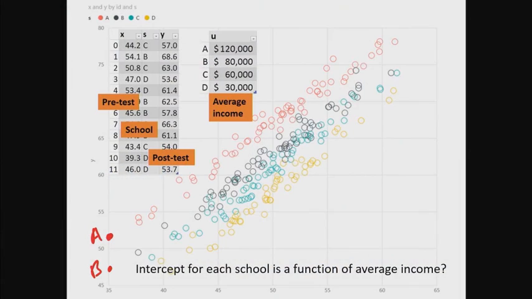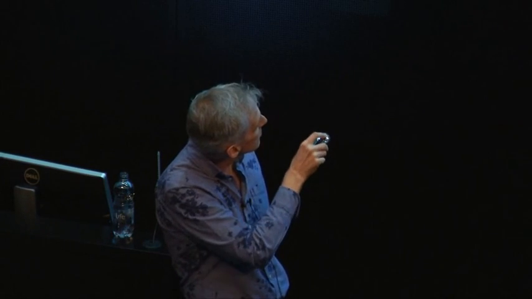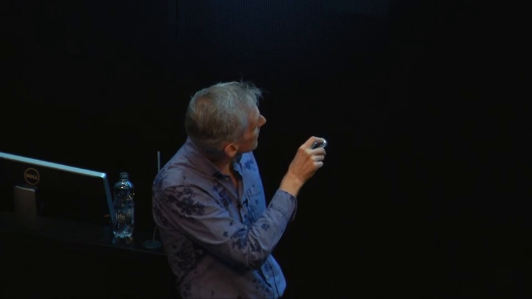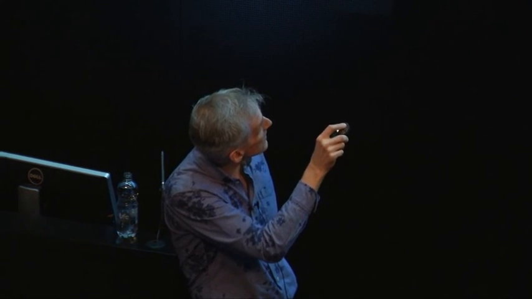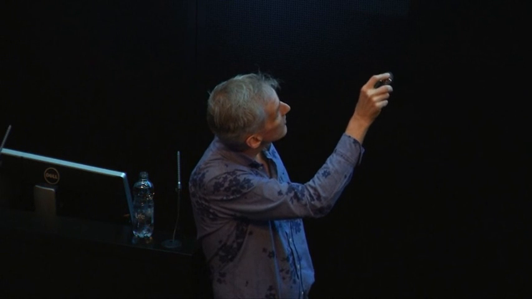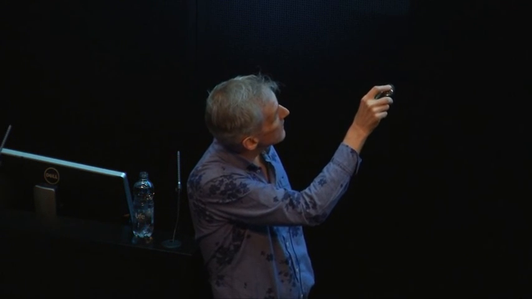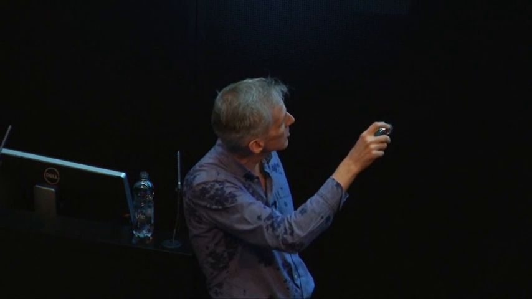Finally, let's just refresh our memory about the data. We'd like to model the intercepts by data that we have at the school level. So far I've only used the data at the student level, but we've got average income of parents at the school level, which we suspect may have something to do with performance of the schools.